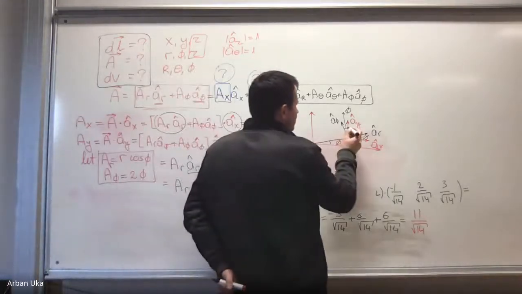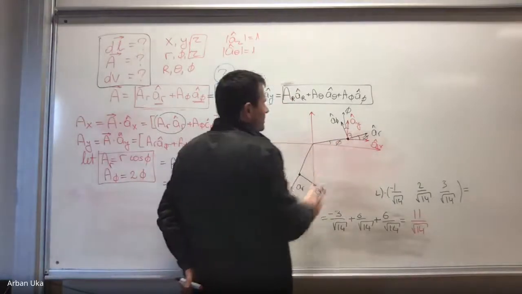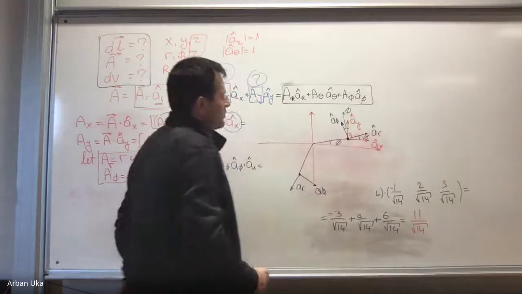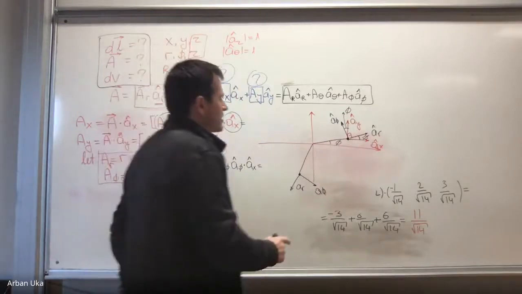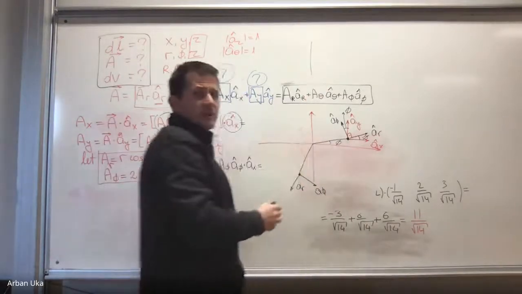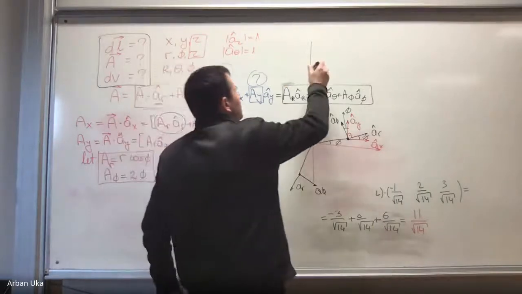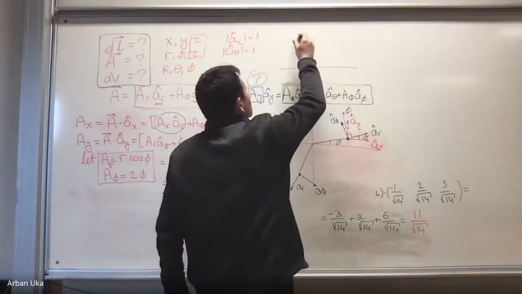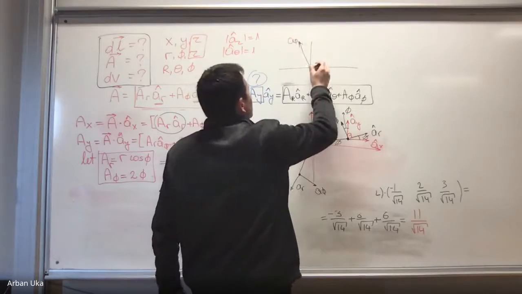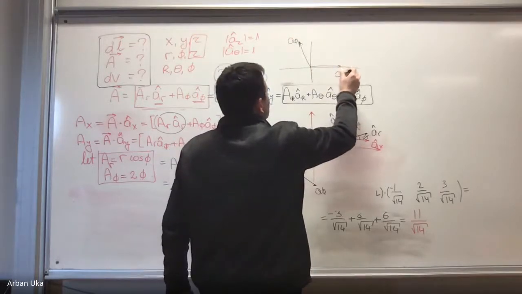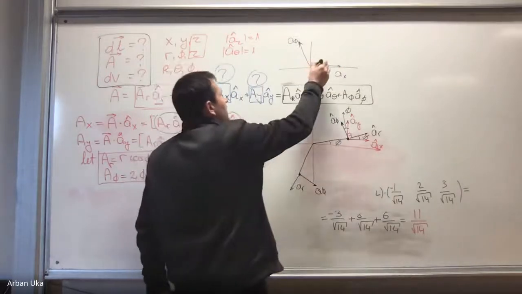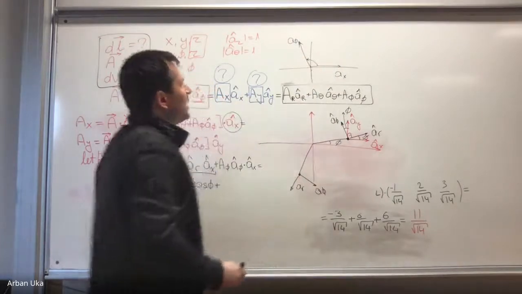Let's have a look. A phi, it is extended this way, okay? And when we do the dot product with AX, let's blow it up in here. So A phi, it looks like it's something like this. AX, it's right here. And we are looking for the cosine of this angle. This angle, it is a wide angle.